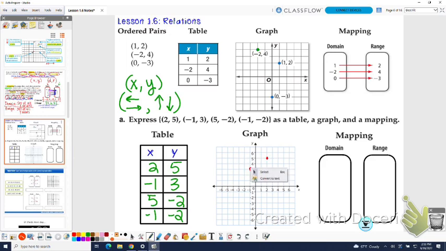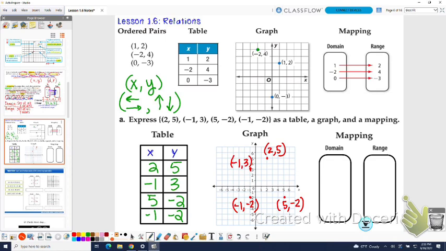And we can label these so you know which one's which. 5, -2 is right 5, down 2. And -1, -2 is left 1, down 2. And you don't connect the dots, you just leave them separate.